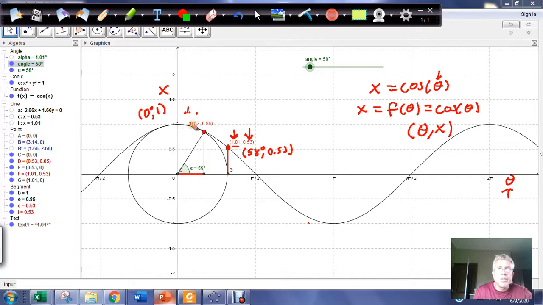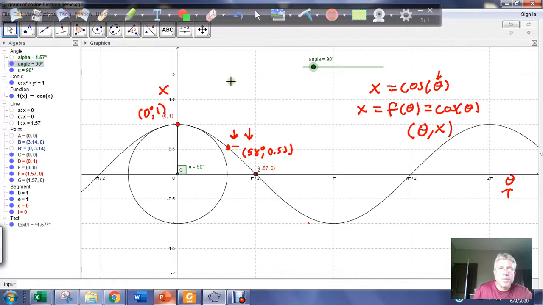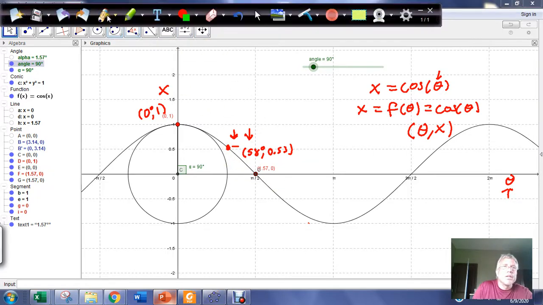So as we continue to sweep around the unit circle, we're going to wind up at one point at 90 degrees. So we started in standard position at the 0 degree mark. Now we've swept all the way through an angle of 90 degrees. So I should wind up with a point on the graph.